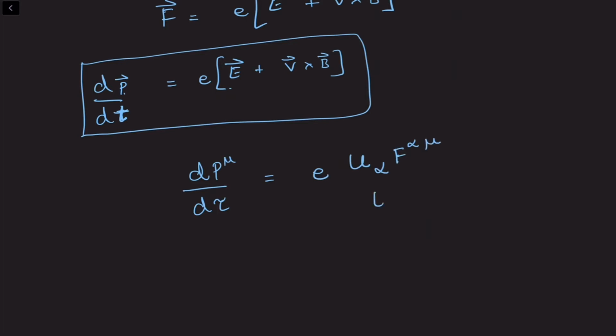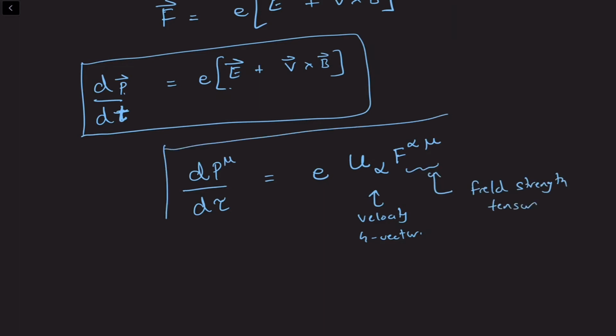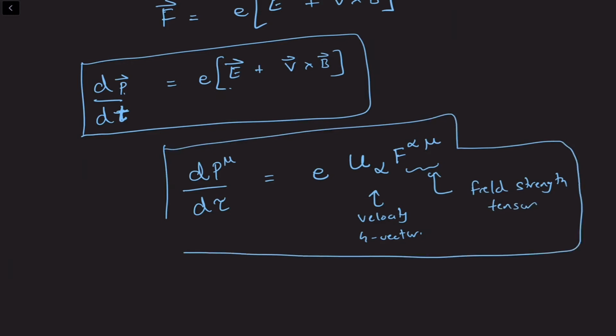Okay, where u alpha is the velocity 4-vector and F^{alpha mu} is the field strength tensor. Okay, so this would be the Lorentz force law.